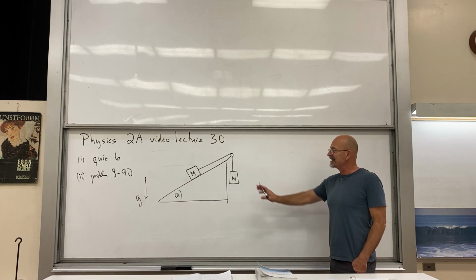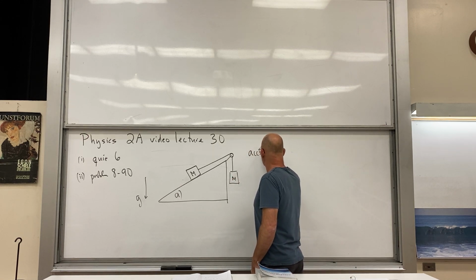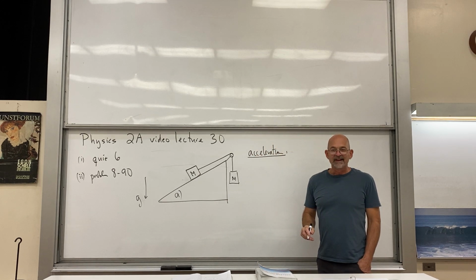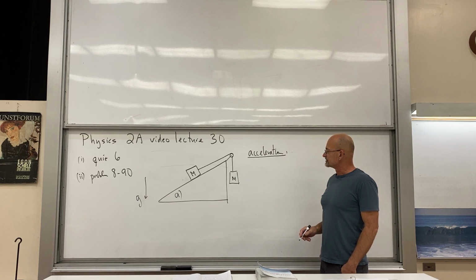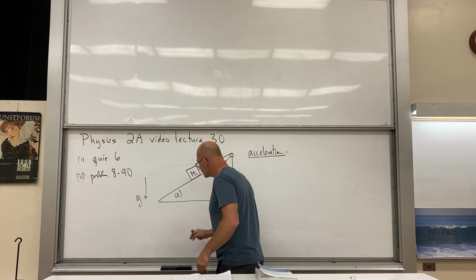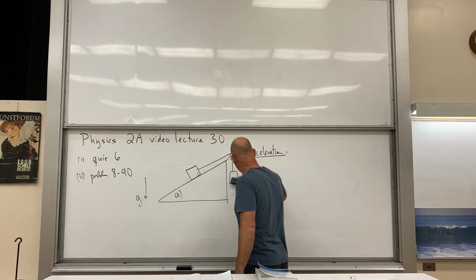We wanted to get the acceleration of the system. I'm just going to solve the entire problem here, and I'll write it down as a good review with M1 and M2, and then we'll specialize it for equal masses.